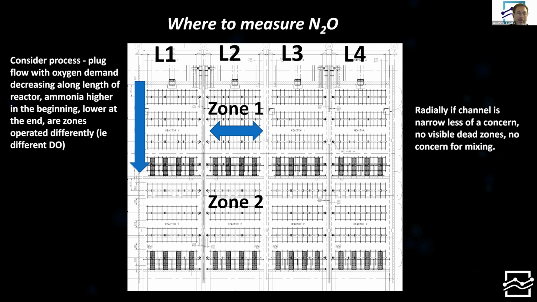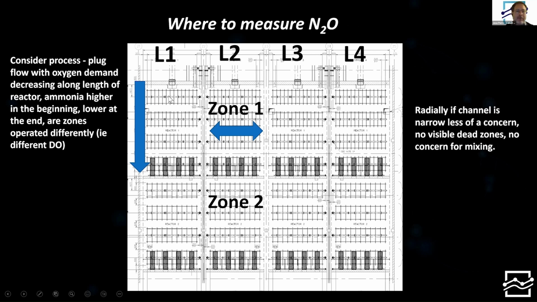On the other hand, if you don't have knowledge on N2O dynamics, you're also not going to understand where to measure N2O. So you really need both. You need the process knowledge and you need the N2O knowledge. Because as I mentioned, depending on your loading conditions, you generally will tend to have higher emissions where you have higher loading and higher concentrations of ammonia.